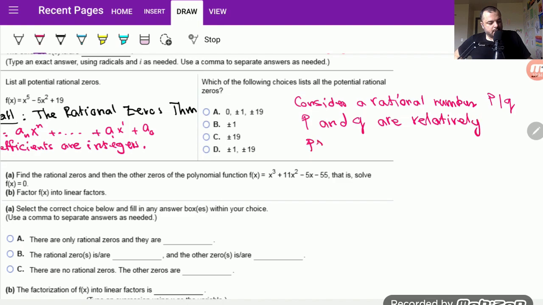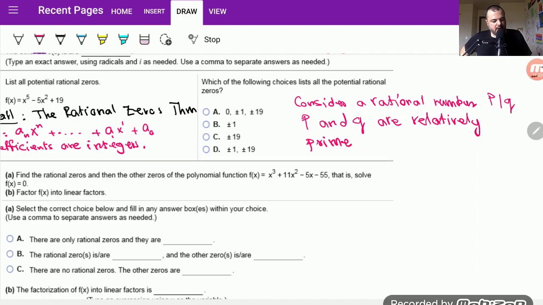What does this mean? When you divide them, there is no common factor, just the one. So p and q are relatively prime means they have no common factor, just -1 and 1 only.